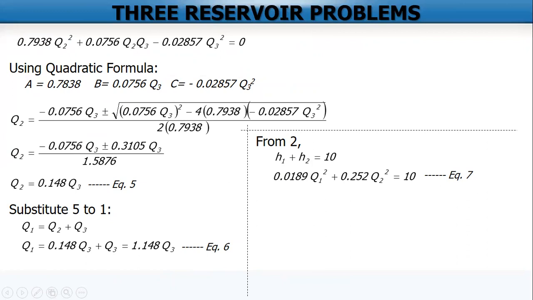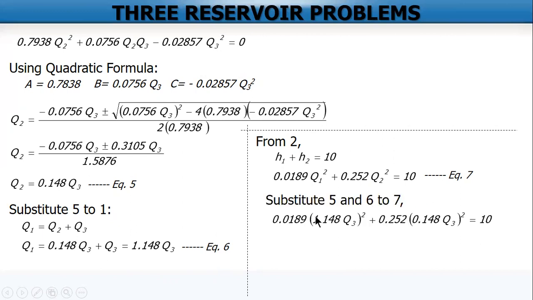Equation 7. So, kining Q1 o Q2, i-replace nato ni in terms of Q3 from equations 5 and 6. So, ang Q2, this one, i-substitute na to there. And then ang Q1 na 1.148 Q3, i-substitute na to there. So, substitute 5 and 6 to 7, we have this.